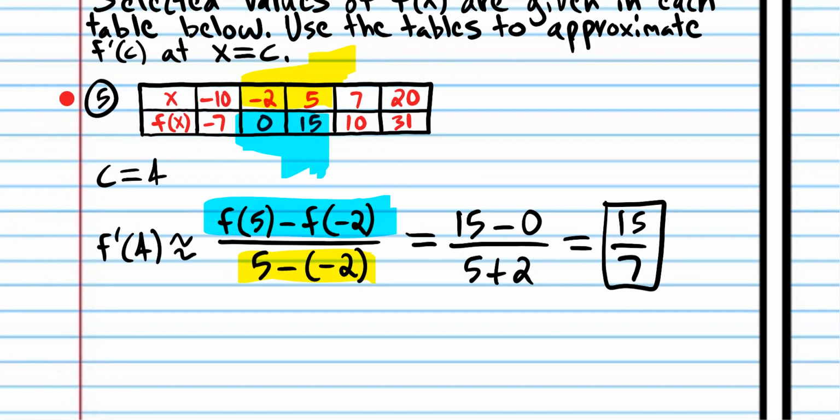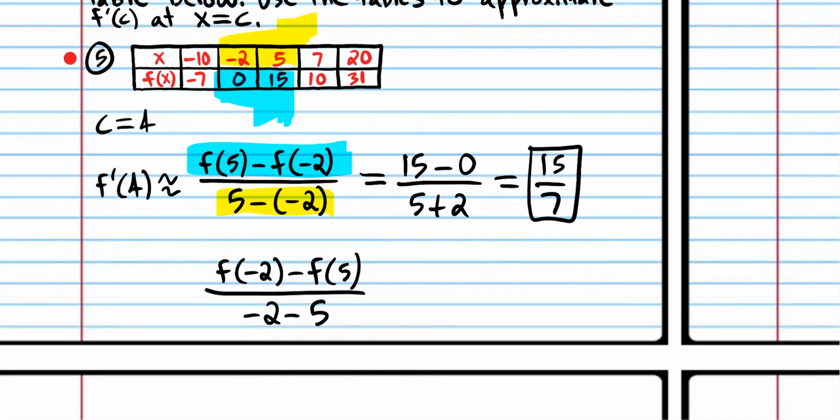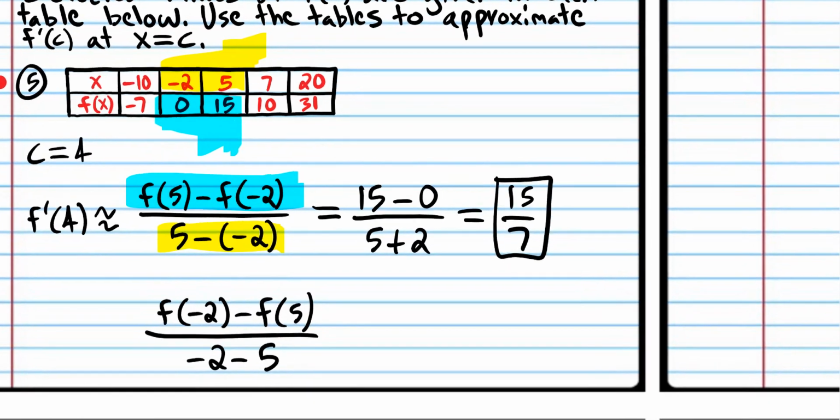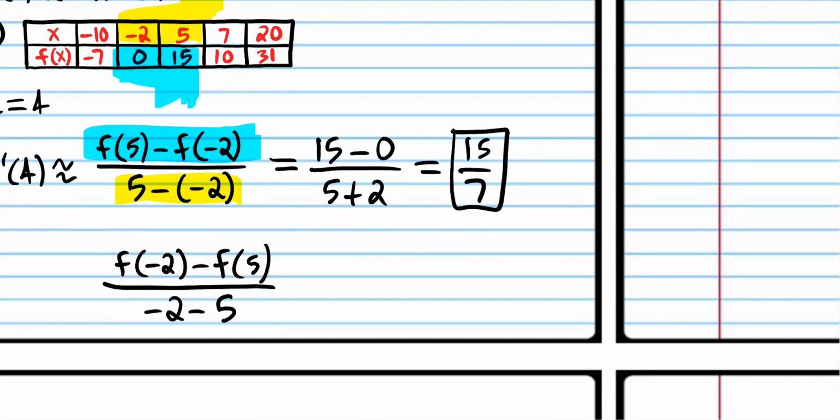Now, a lot of students would say, well, can we do this in a different order? Could we subtract like so, and then divide by -2 minus 5? Could we do it that way? And the answer is yes, this works also. So if you look at your slope formula, it's easiest to understand by looking at that formula.